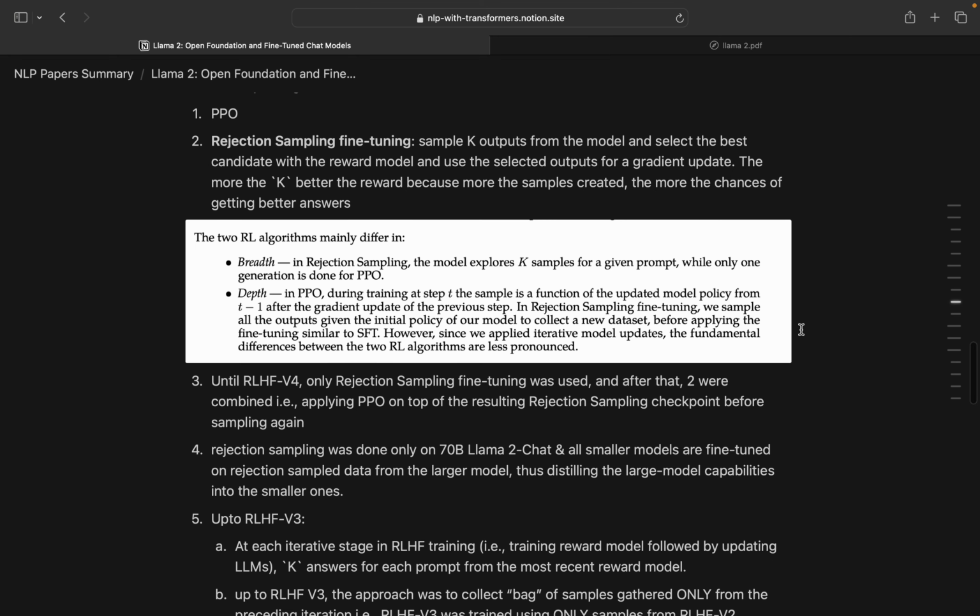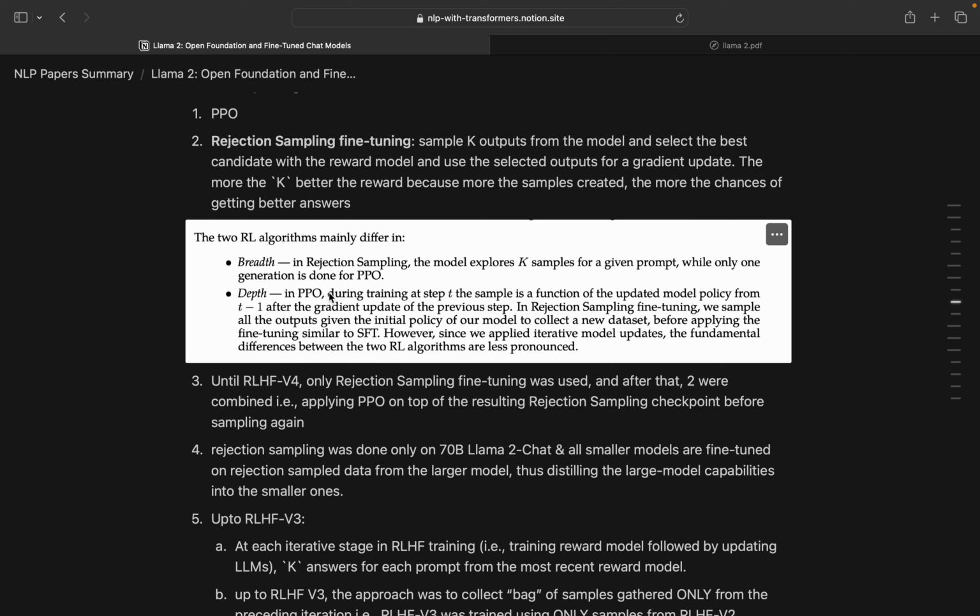They mentioned that there is a little bit of difference between PPO and rejection sampling, but at a high level the fundamentals of these two are very close and might not make much of a difference. In PPO, you take one prompt and one output from the recently iterated model.